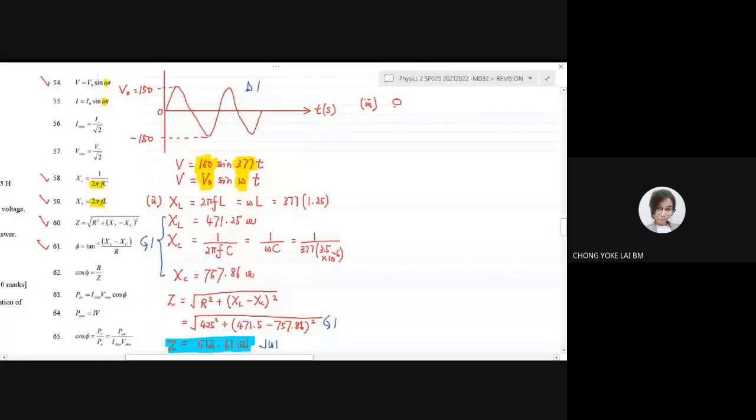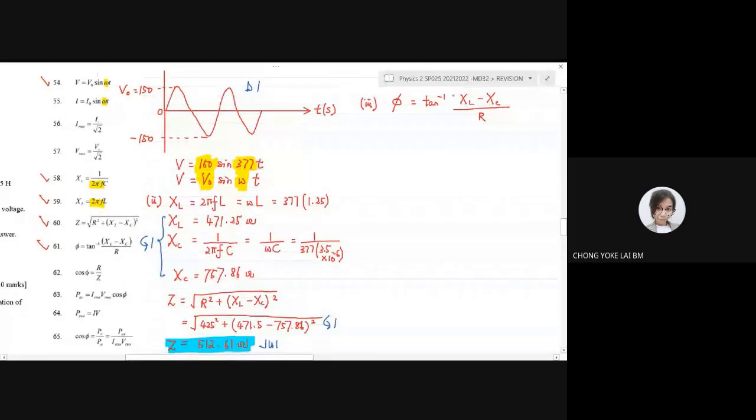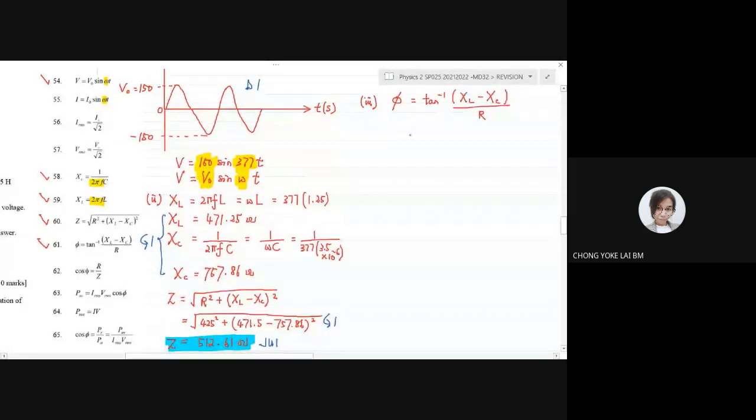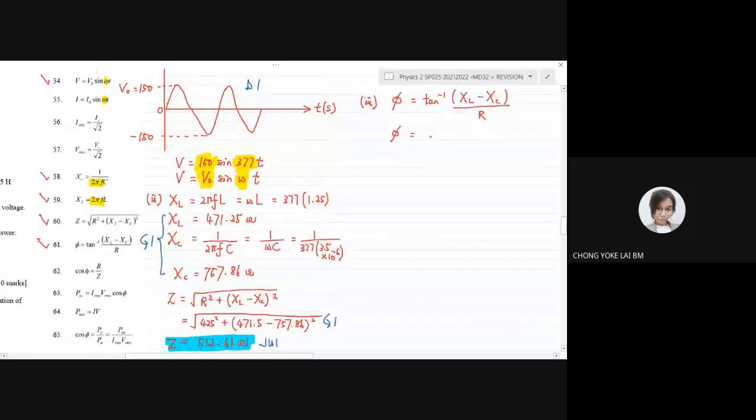So, we find for the phase angle, shift tangent, XL minus XC. Ingatlah kelas, mesti XL tolak XC ya. Jangan ambil besar tolak kecil. Student suka ambil besar tolak kecil. Salah. Mesti XL minus XC. So shift tangent.